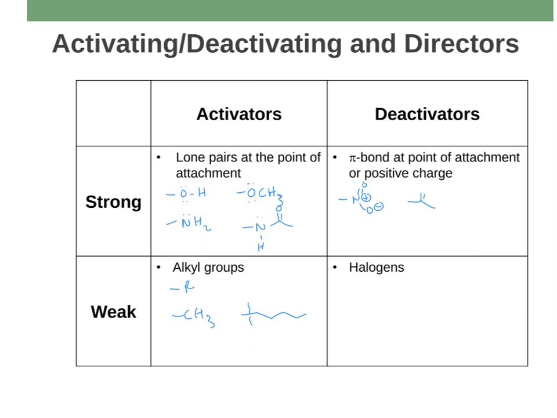Or our acyl groups, so maybe it's an ester or a ketone or whatever. Or anything that full on has a positive charge at that point, like the quaternary ammonium salts. So this would be NH3, and there would be a positive here. Or something with at least a very large positive charge. So like CF3 would be very withdrawing because that carbon is very positive because of those three fluorines.